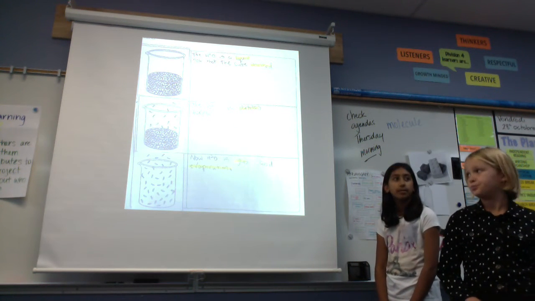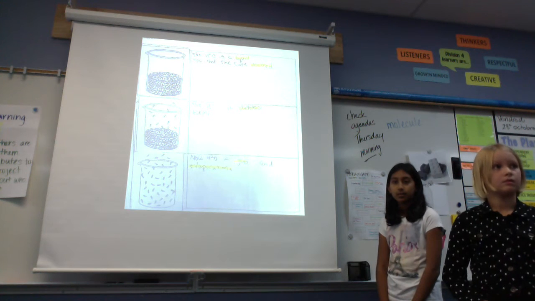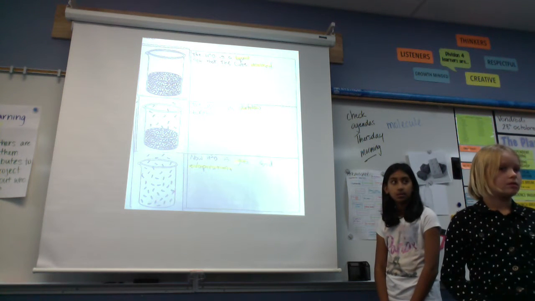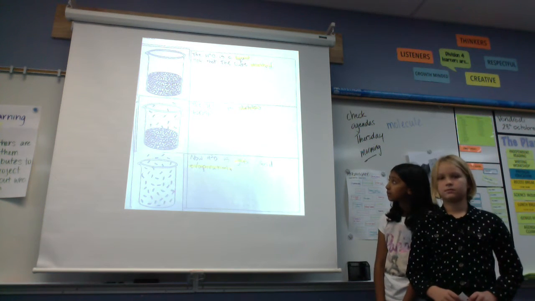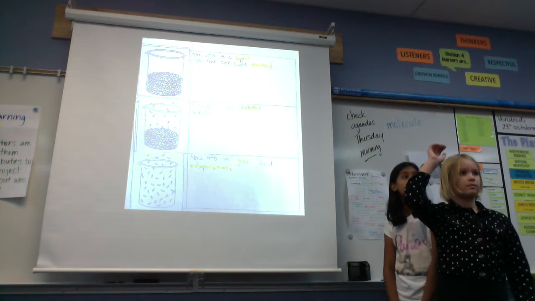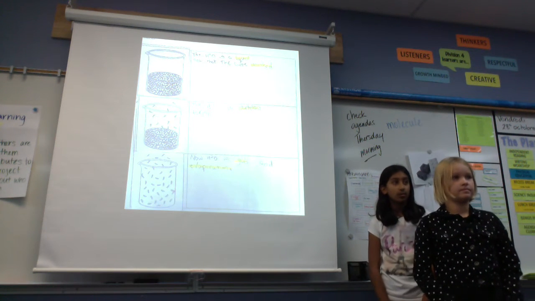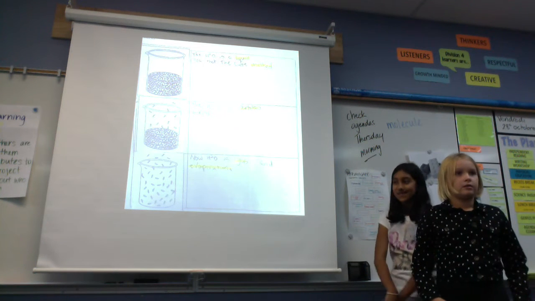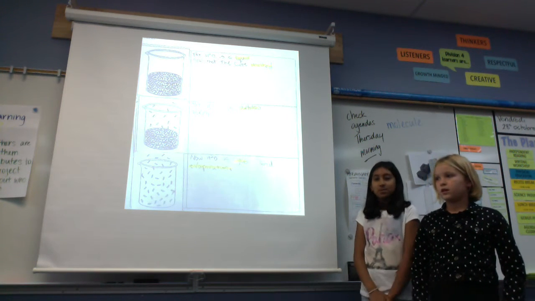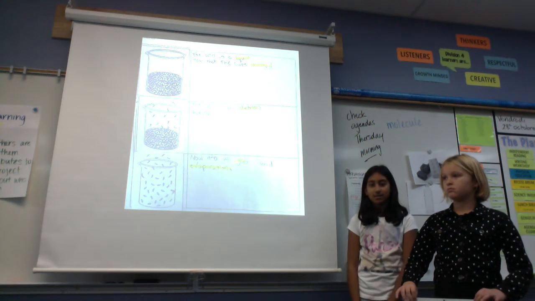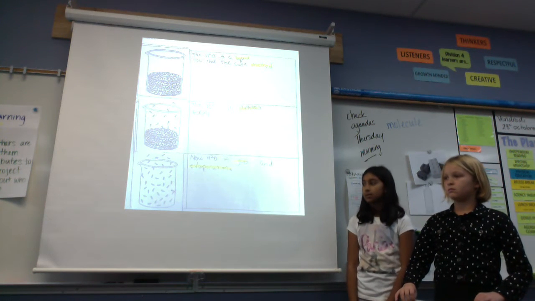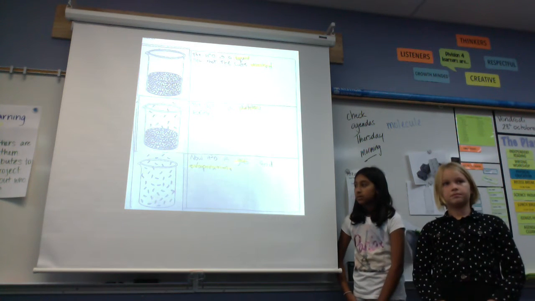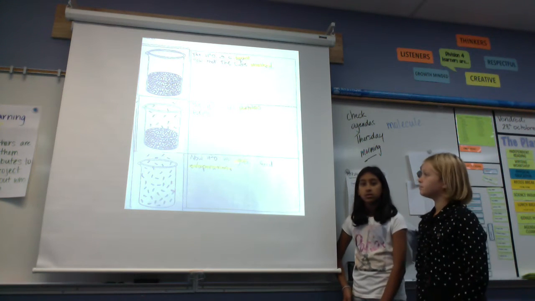Yes. Just to make sure we're clear, what's happening to the particles as you heat that water? They're rising. They're rising because they're evaporating, which means they're starting to move a little bit more, they're starting to pull apart from each other, and so that's why they're starting to change into gas.